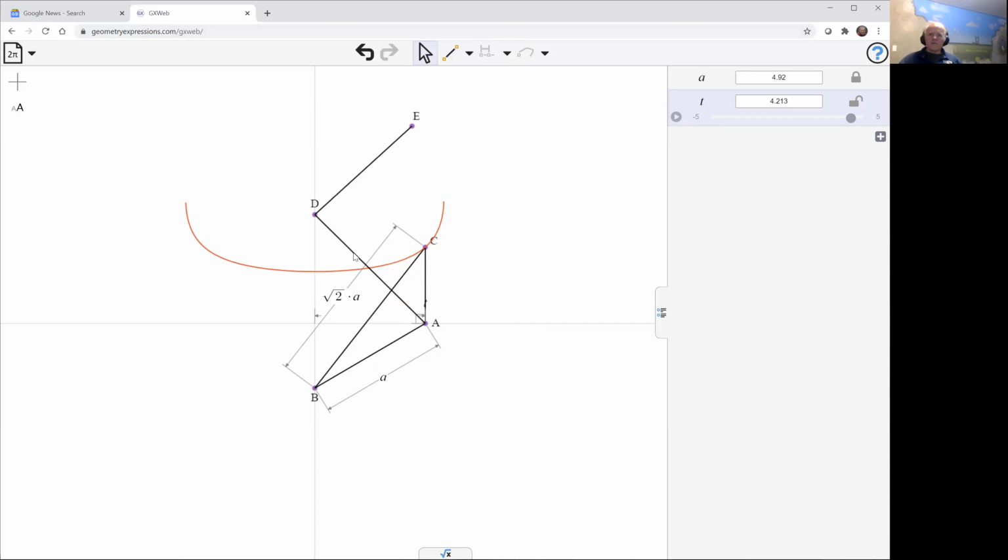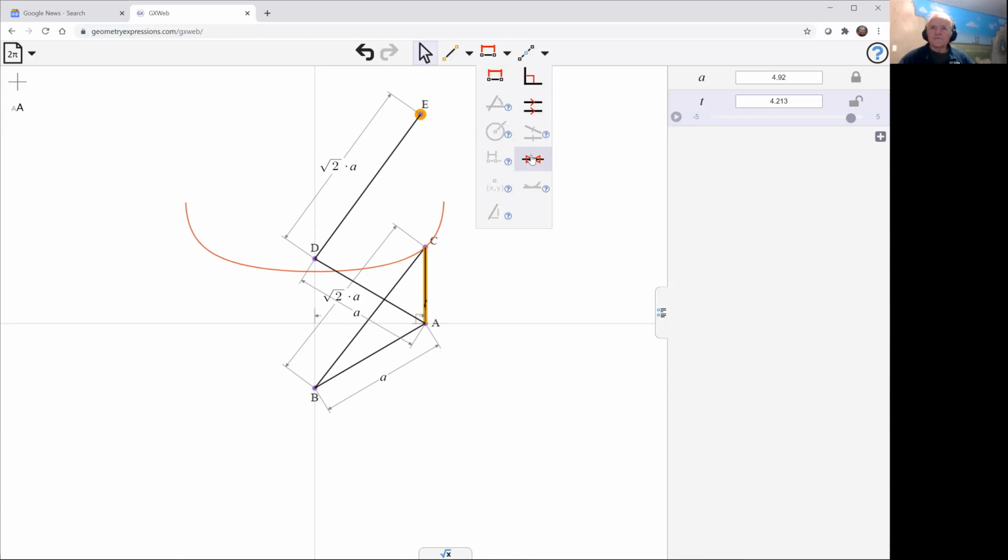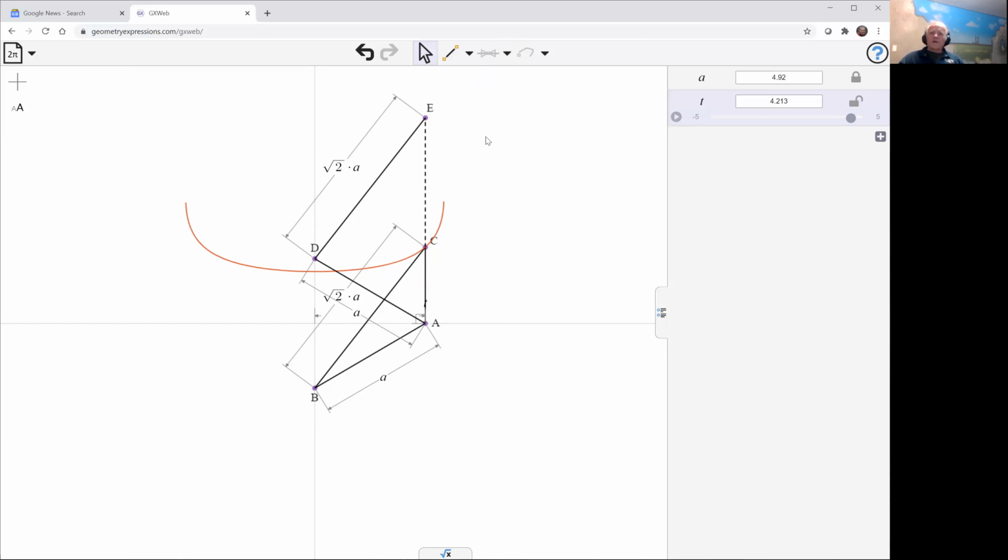A and √2 times A. And then I need this point E to lie on this line here. And we'll follow that, we'll get that piece of the curve.